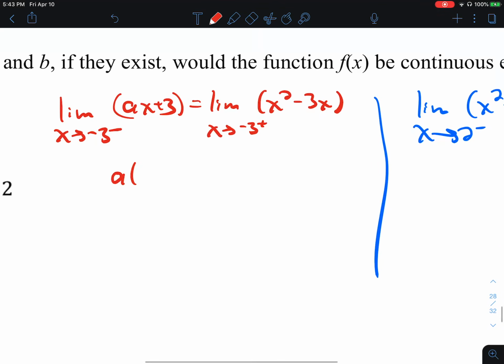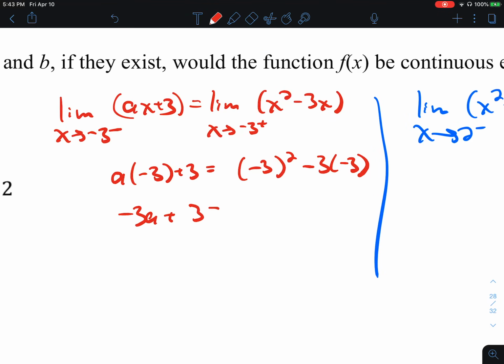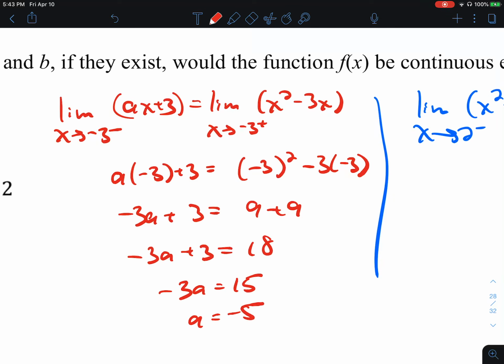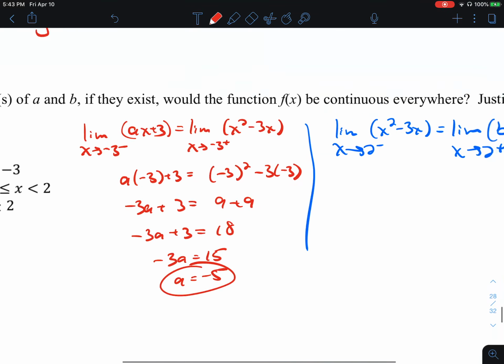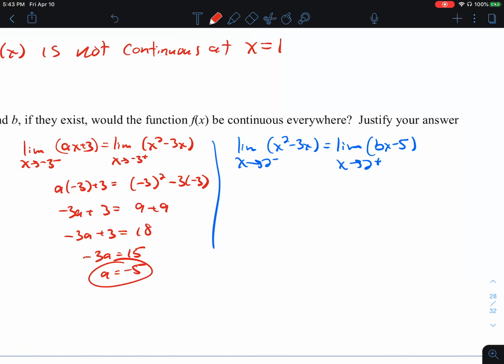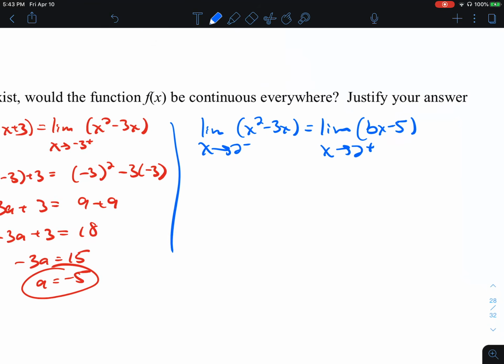And this first one, the red one, that's going to be a times -3 plus 3 equals -3 squared minus 3 times -3. It's -3a plus 3 is 9 plus 9. It's -3a plus 3 is 18. So that's a is -5. This other one, fortunate that we were able to solve these without using a system of equations.